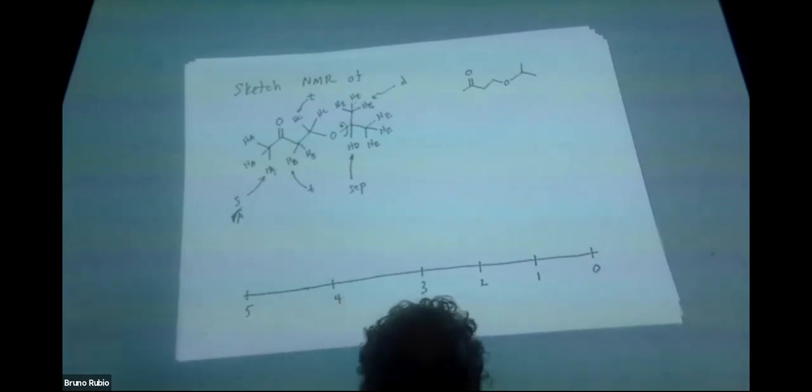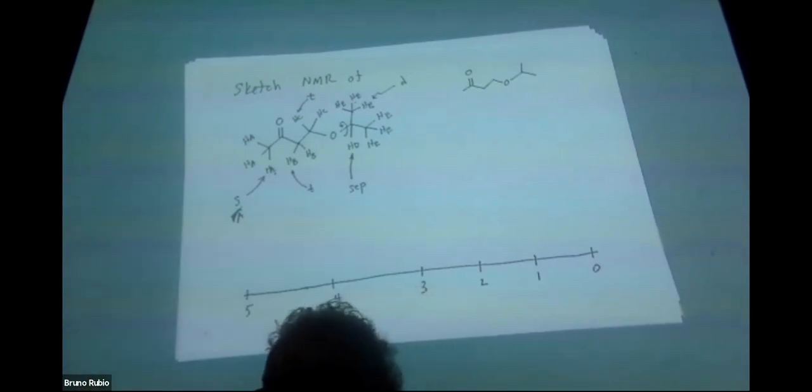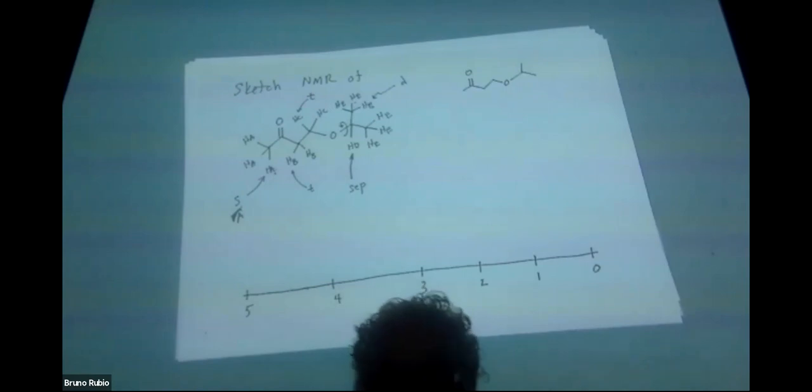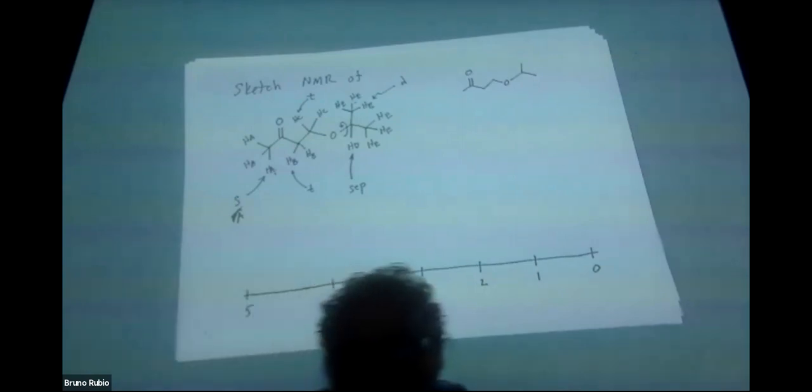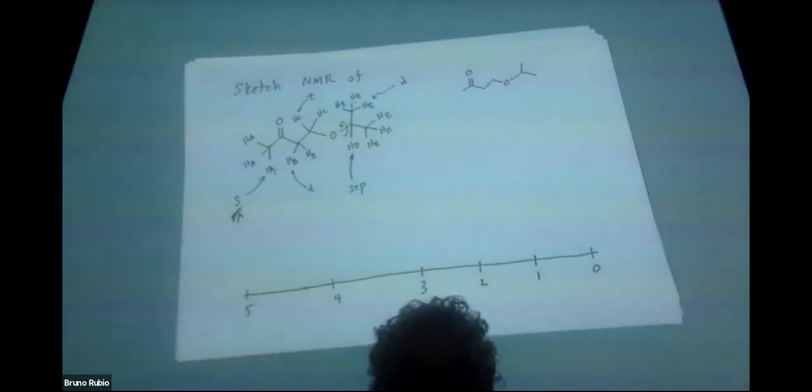Farthest away from an electronegative atom and farthest away from a multiple bond. What do you think is going to be the most upfield signal? The A, B, C, D, or the E?